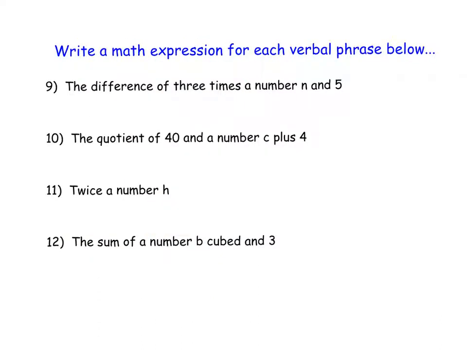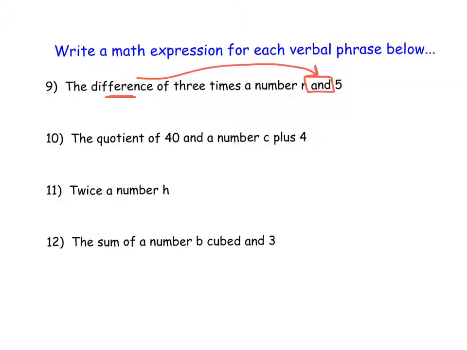And our final 4, these are the most difficult ones you're going to see. So this one says the difference of 3 times a number n and 5. So we can see 2 operations in here. They say the difference, so that's going to be our primary one. Difference means subtraction of this and that. So that and is telling you where your subtraction is.